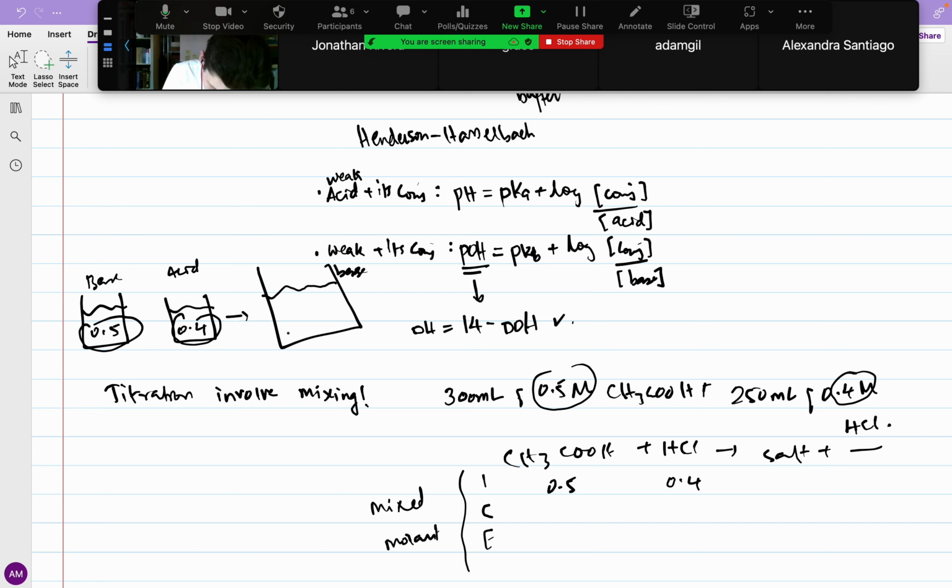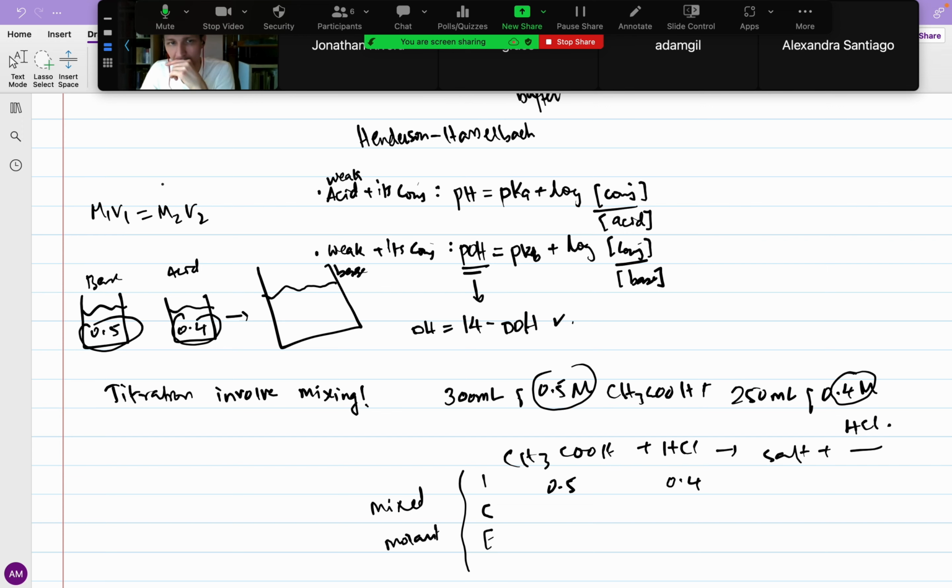One way to get around this problem is to calculate the new molarity of the acid and the base in the mixed solution using the dilution formula, M1V1 equals M2V2. But I feel like that's a lot of work.